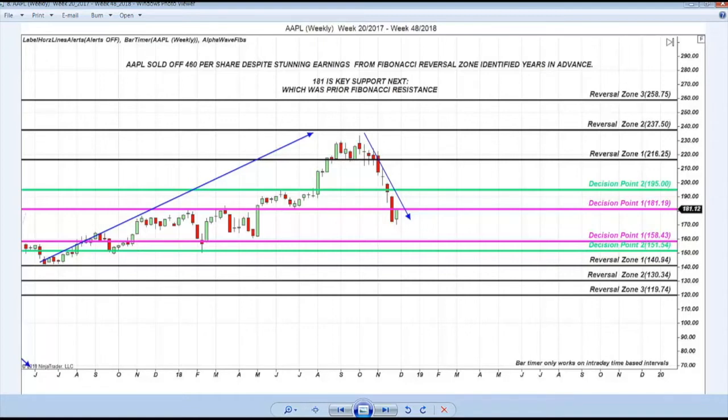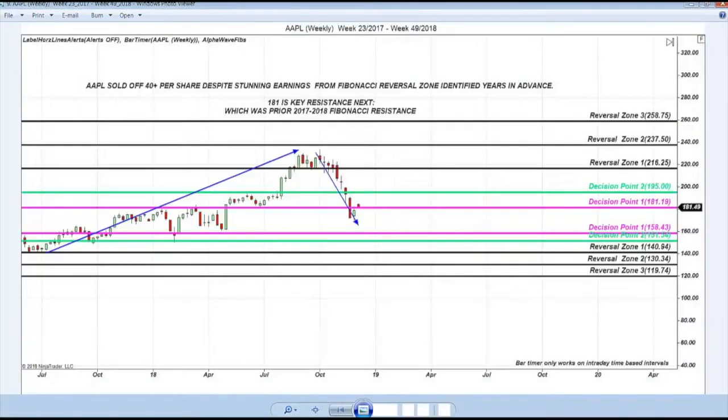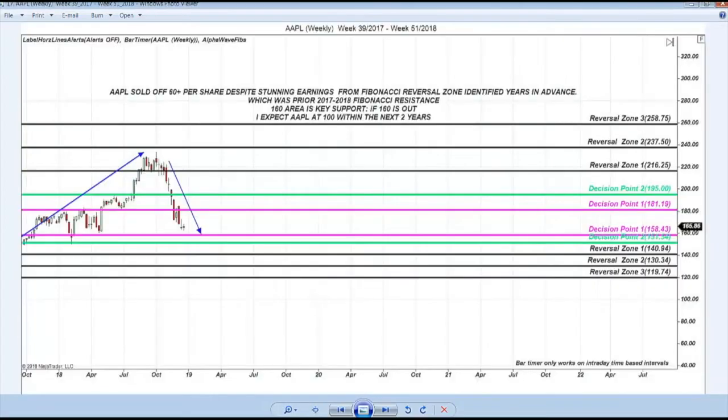Buyers are weak. Apple cannot break through. Apple continues selling off. $158 key support. What do I say? 158 is out. Apple will continue selling off.